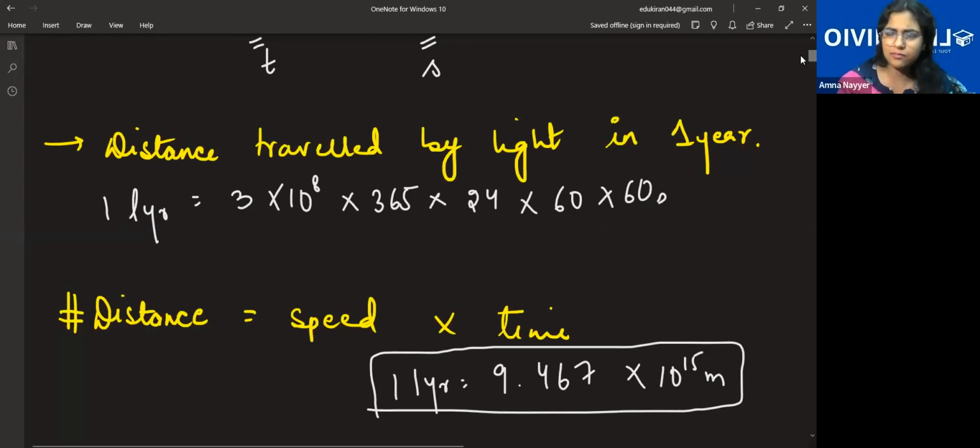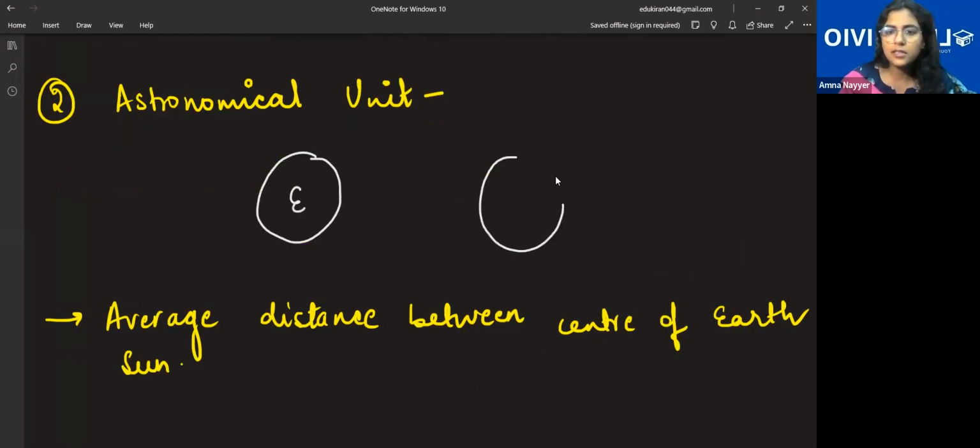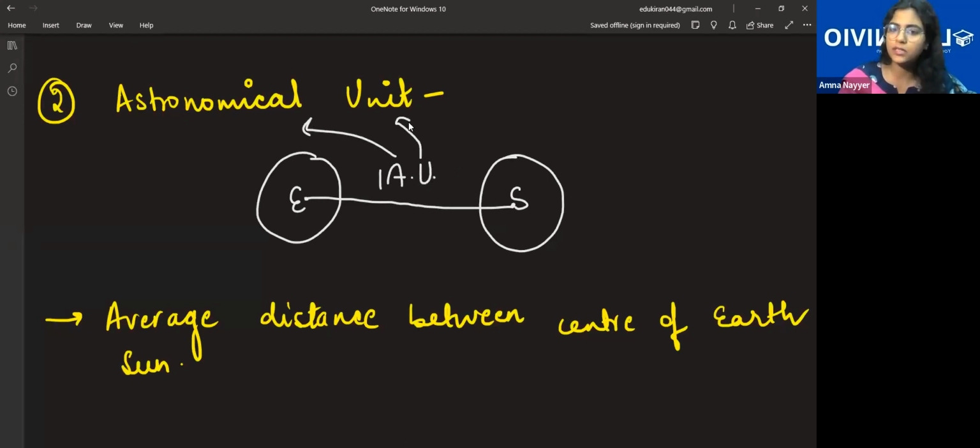This is enough. Second thing which you have to remember is astronomical unit. Astronomical unit means, this is the earth, this is the sun. Now the separation between the center of earth and the center of sun is called 1 AU, that means astronomical unit.